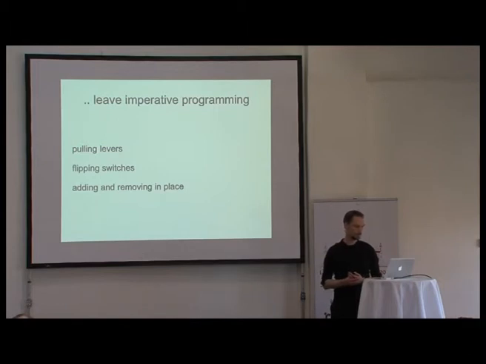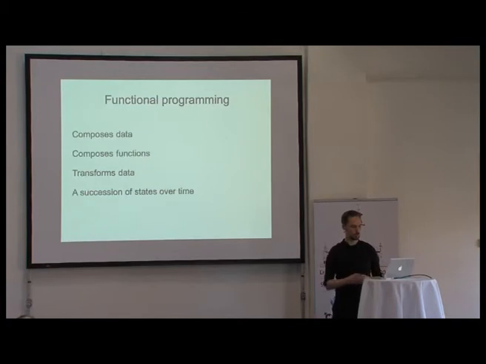And if you think in Java, you have to leave that behind because you can't add and remove things in place. Normally you stop doing that, and instead you compose things, and everything becomes a succession of states over time.